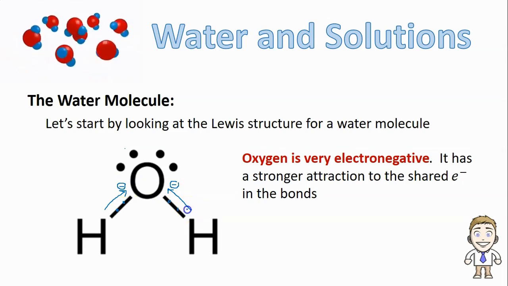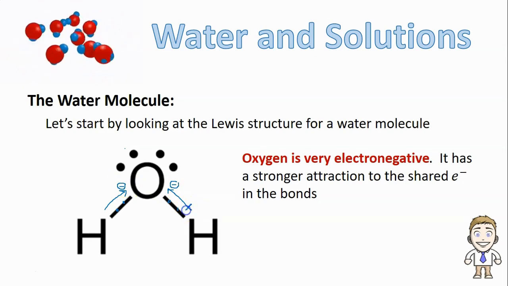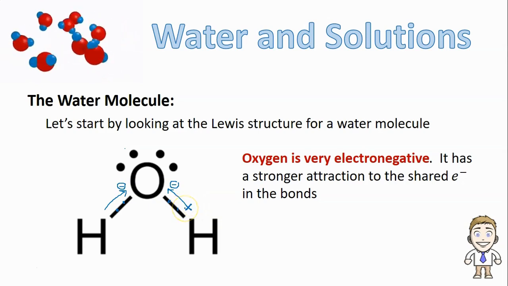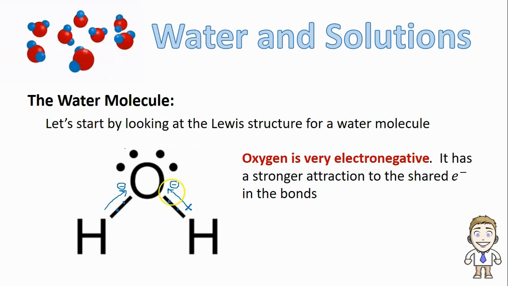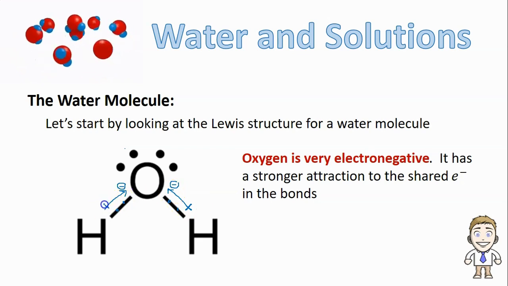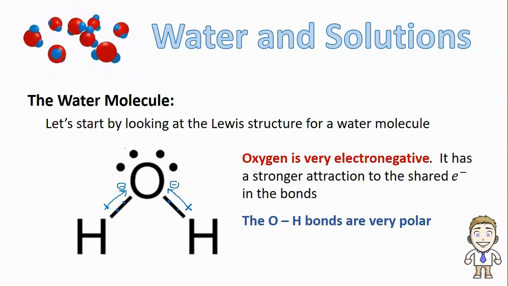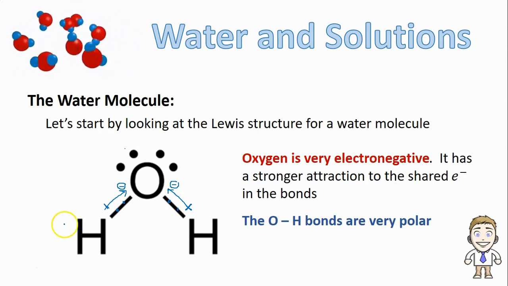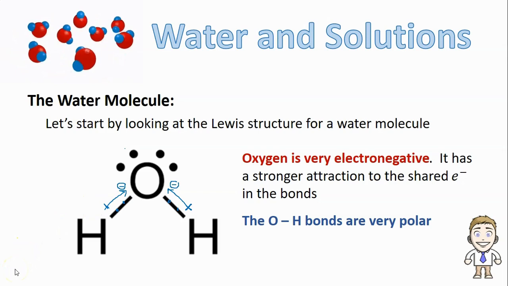On the back side of that bond, so we'll turn the end of the arrow into a positive sign, this end of the bond, because the electrons are getting pulled away from it, is becoming slightly positive. This type of a bond where the electrons are not shared equally is called a polar bond, and the OH bonds in water are very polar.